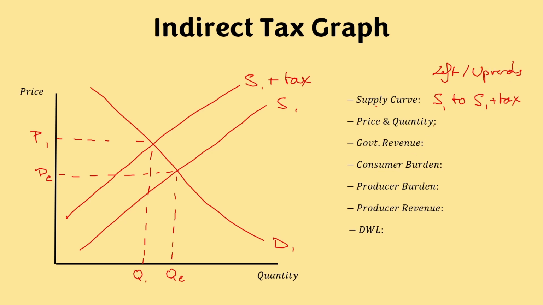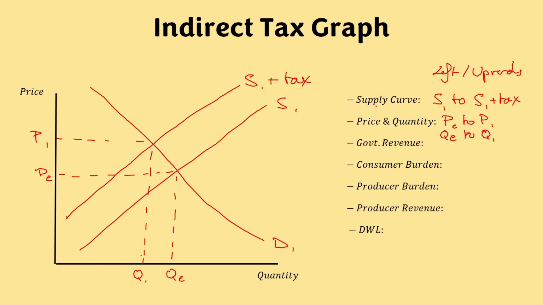Very good. Then what happens to the price and quantity? So as we can see, the price rises. So price rises from PE to P1, and quantity decreases from QE to Q1. Okay, perfect. Now, what about the government revenue, right?